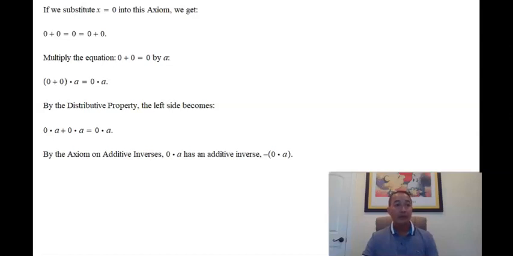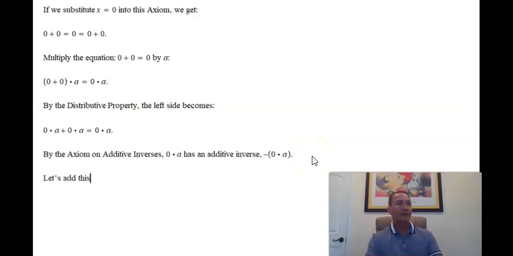So what we're going to do next is add this additive inverse to both sides of this equation. Now, when we do that, I am going to put parentheses around these two numbers. Why is that? Well, these two numbers are supposed to be added together first before we add this third number. Okay, so let me show you.